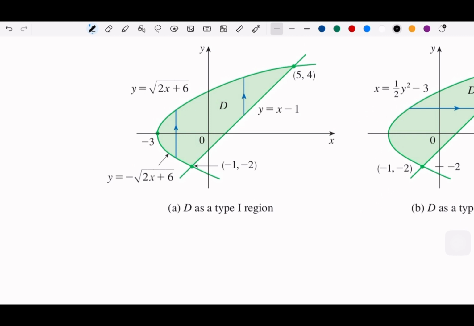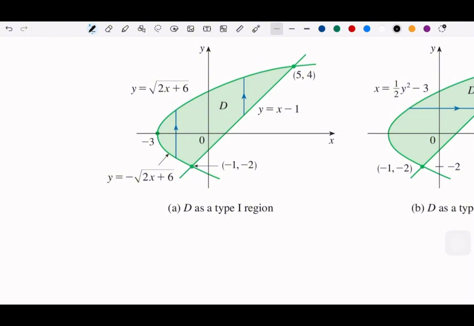Notice that because of this part of the curve, it is not easy to define the top and bottom equations. If this is the top equation, the bottom equation will be this.